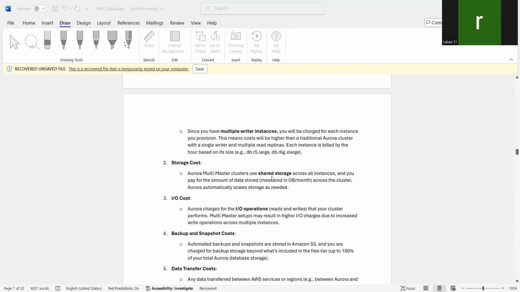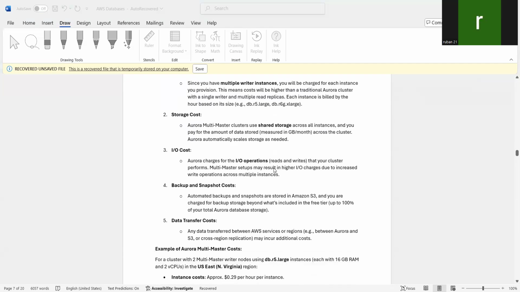Storage cost. An Aurora Multi-Master cluster uses shared storage across all instances, and you pay for the amount of data stored, measured in GB per month across the cluster.